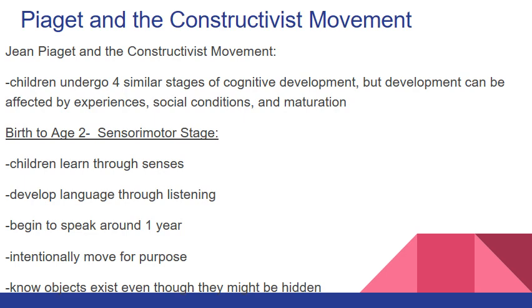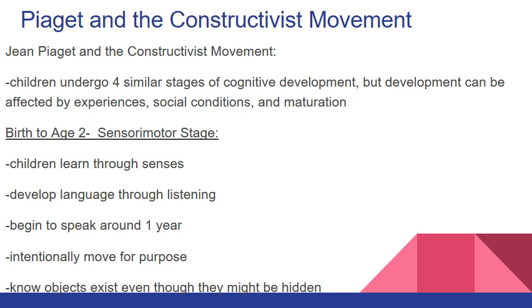Then, after about a year, students begin to speak. They also, even as infants, begin to understand how they can intentionally move for a purpose: that based on their wants or desires, they can move or act to ideally receive or fulfill those goals.